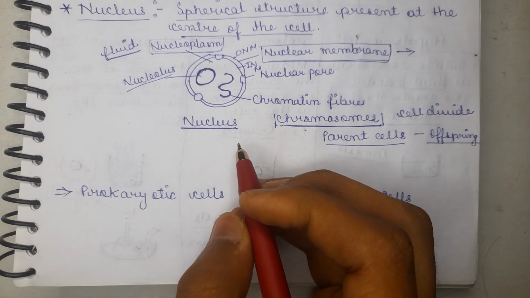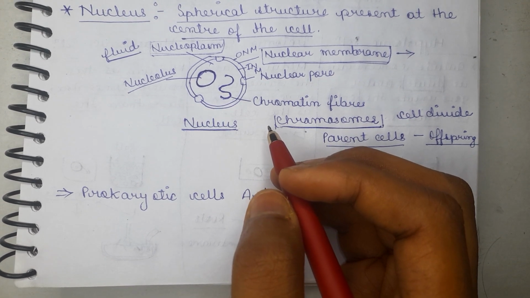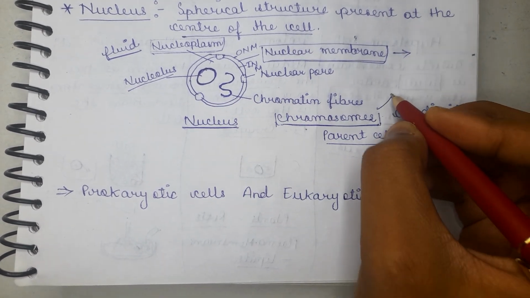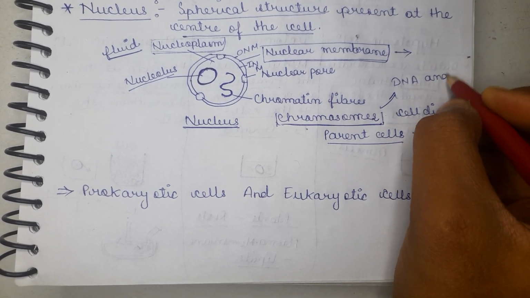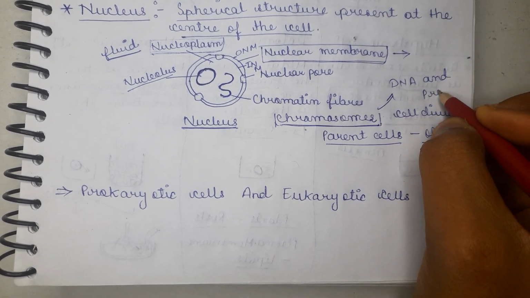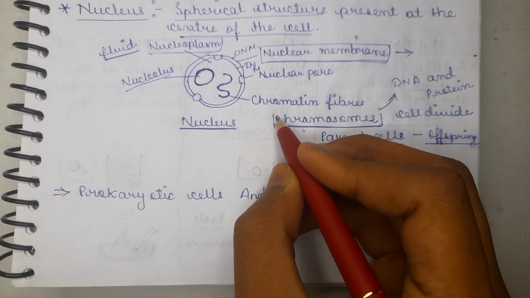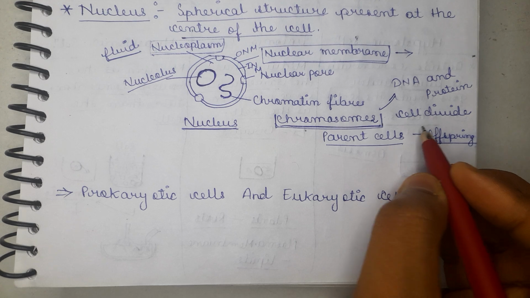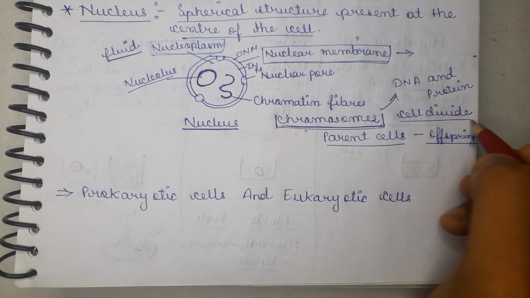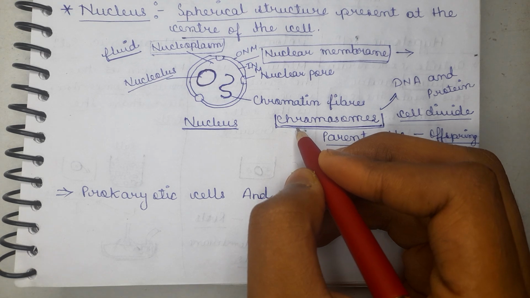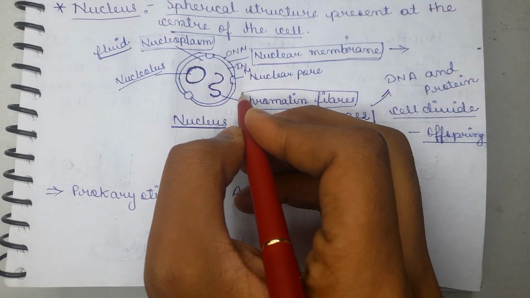Chromosomes consist of information for inherited features, and chromosomes consist of DNA and some protein. Now here's the question, when do chromosomes occur? Chromosomes occur when the cell is about to divide, and when the cell is not dividing, the chromosomes are inside the nucleus in the form of chromatin fibers.